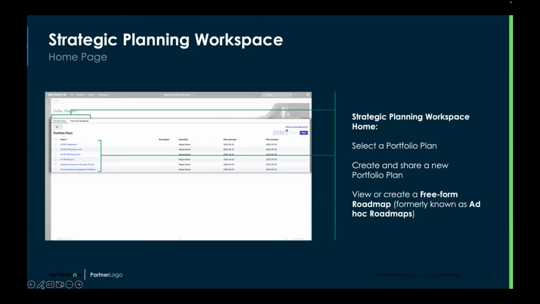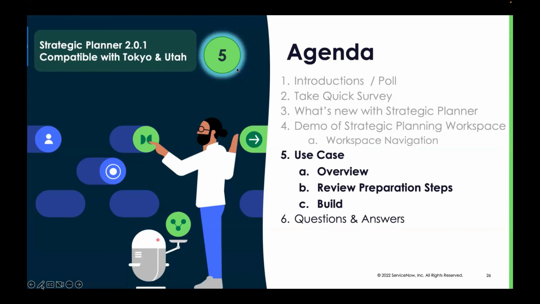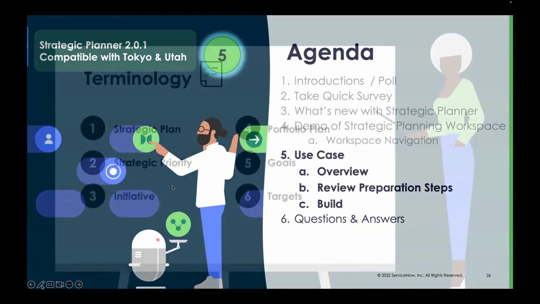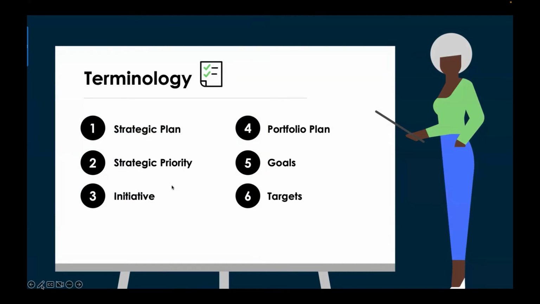Now I'd like to go into our next portion of our meetup. And this is the big one where we are going to build out a use case, actually live in the instance. So let's go over it. Okay, again, there's some terminology here.